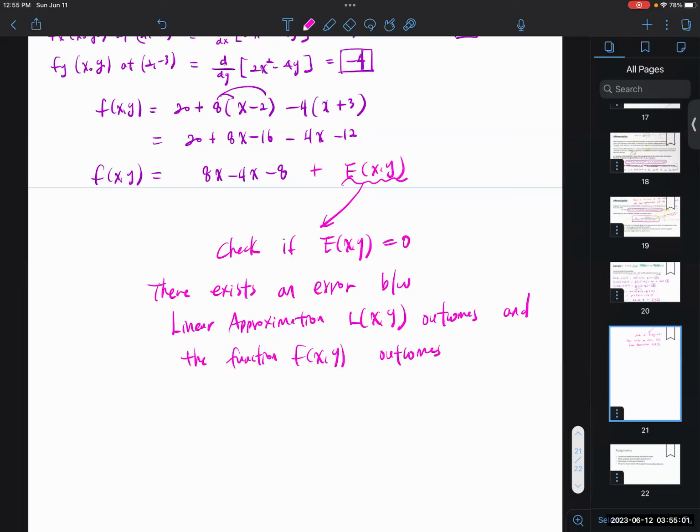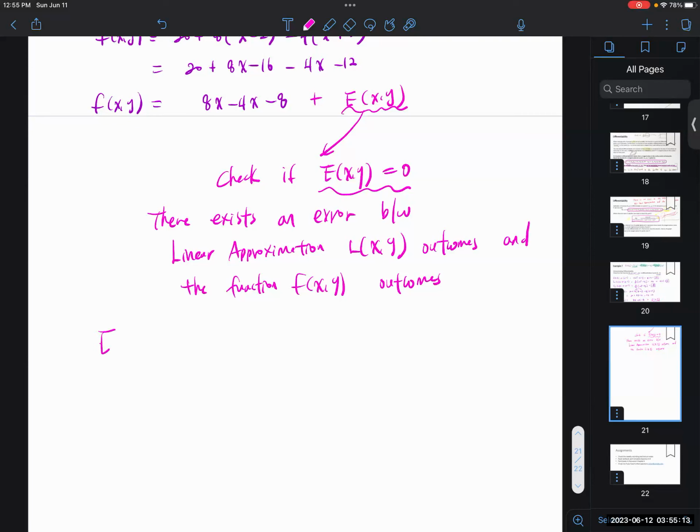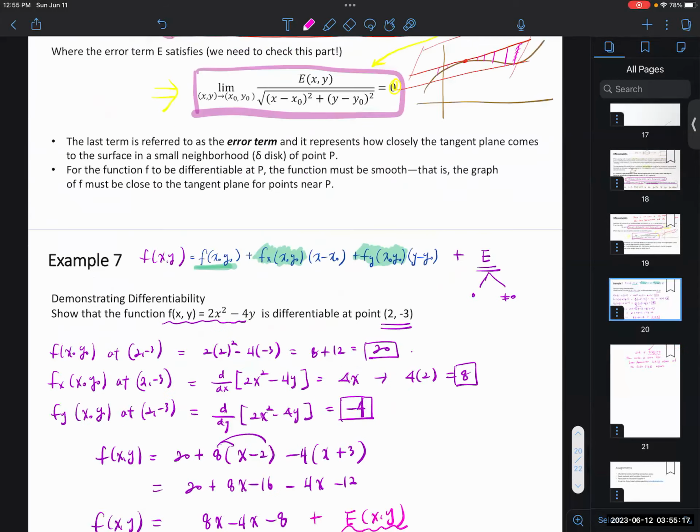We know that there's an error going on. If it is a 0, that's perfect. You can choose whatever you want. You can use either the linear approximation equation or the function equation. So we are going to check how to check the error E. There's a formula, go up, right there.